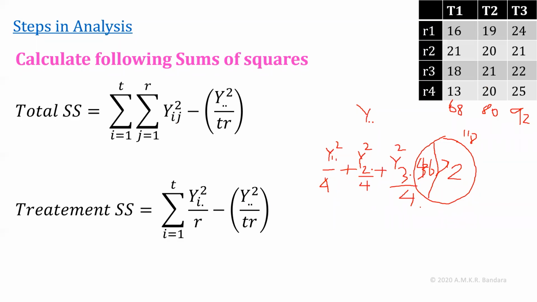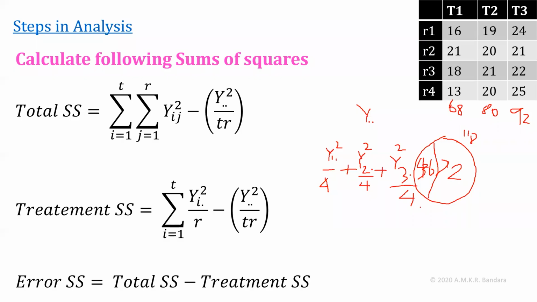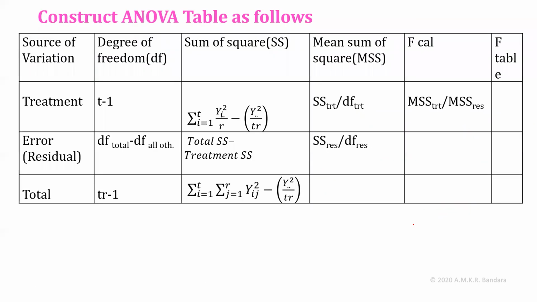Now your next step is to construct the ANOVA table. In the ANOVA table, you have different columns and different rows.